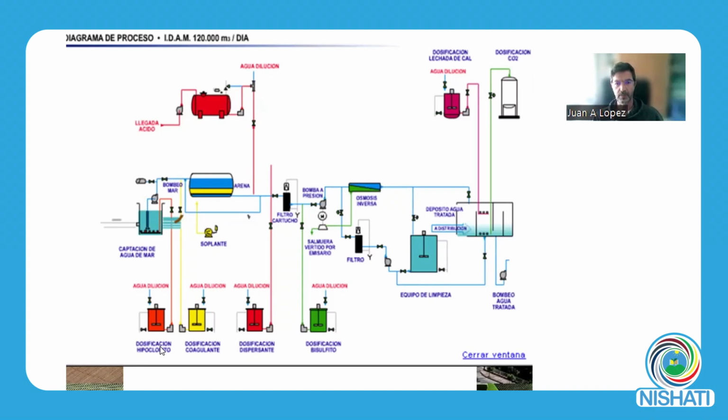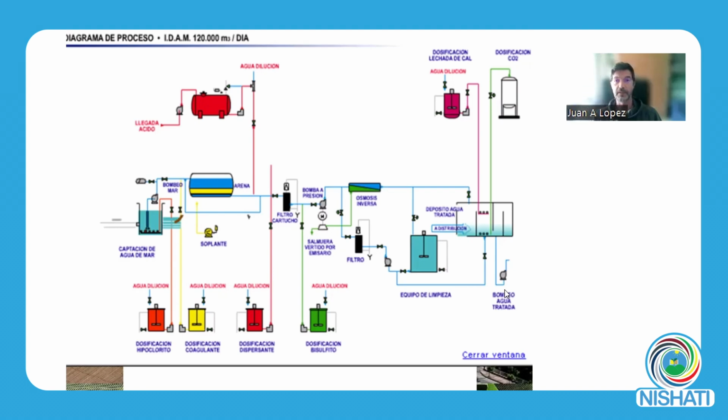But usually we have sand filters, cartridge filters, some chemical addition, maybe coagulants, sodium hypochlorite to kill microorganisms, and finally the high pressure pump and the membrane. Finally, the water is so pure that it cannot be drunk directly, so we need some kind of post-treatment to re-equilibrate the salt content. And finally, you can pump the water to the users.